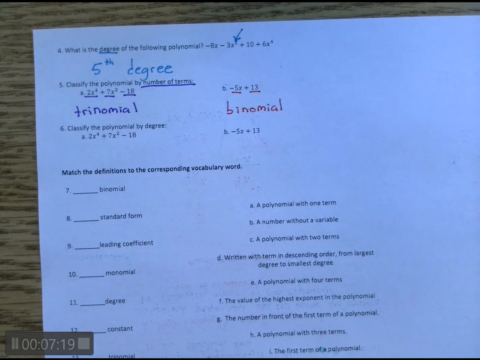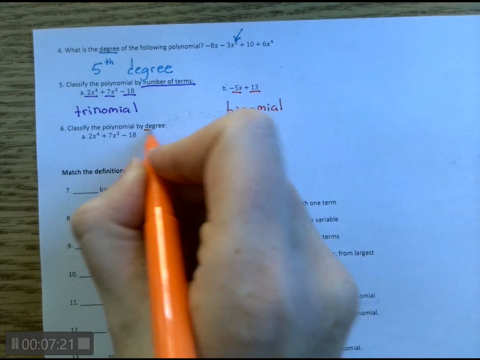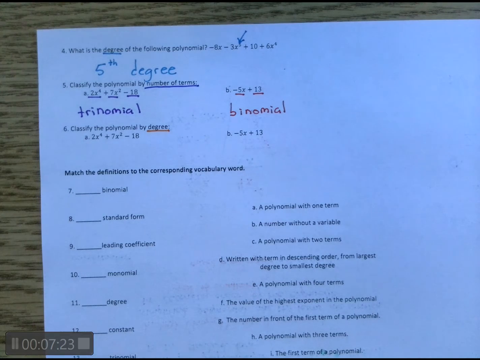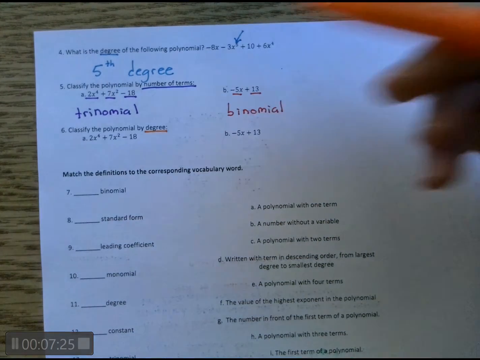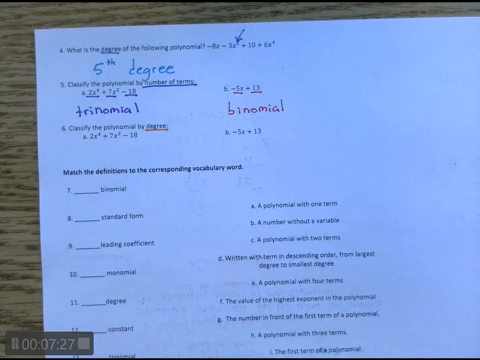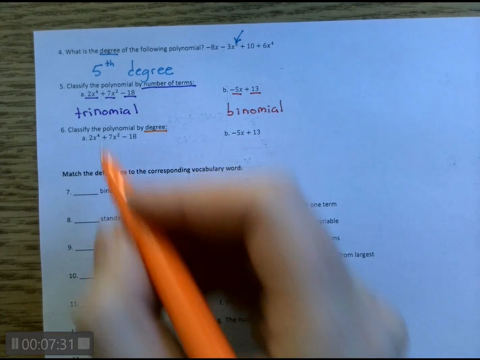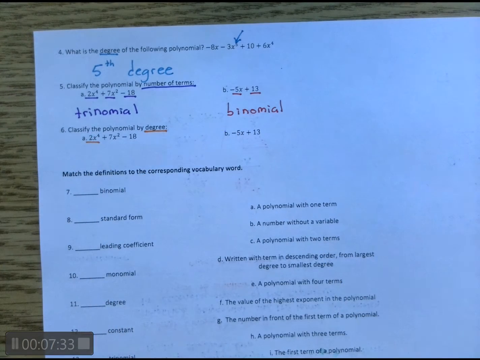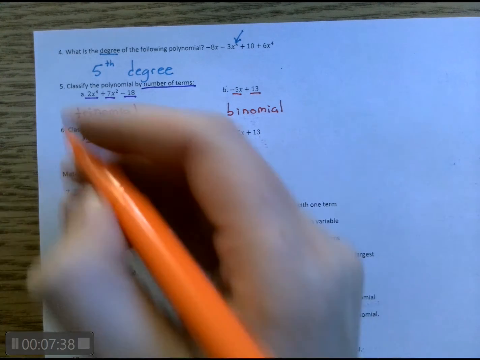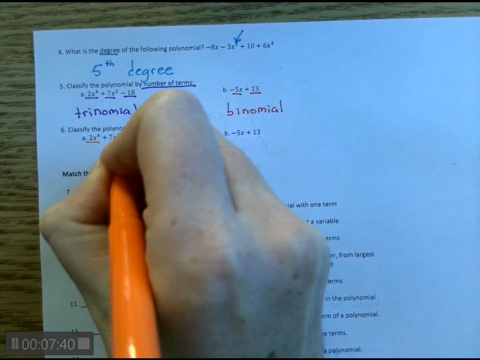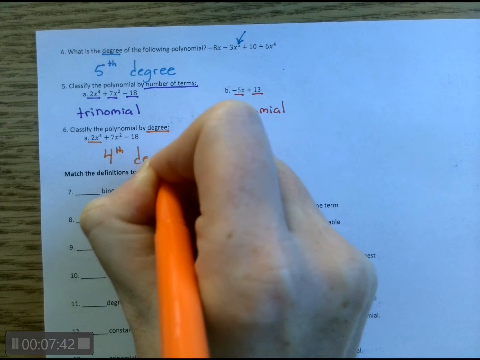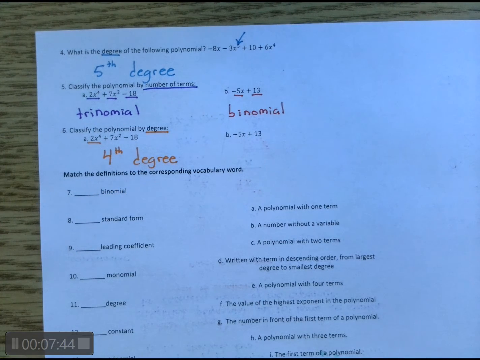And now, for number 6, we need to classify by degree. Remember, degree is that largest tiny number. So what's the largest tiny number here? It's going to be this 4. Okay? And do we have a name for 4 degree? Nope. So we're just going to call it 4th degree. Okay?